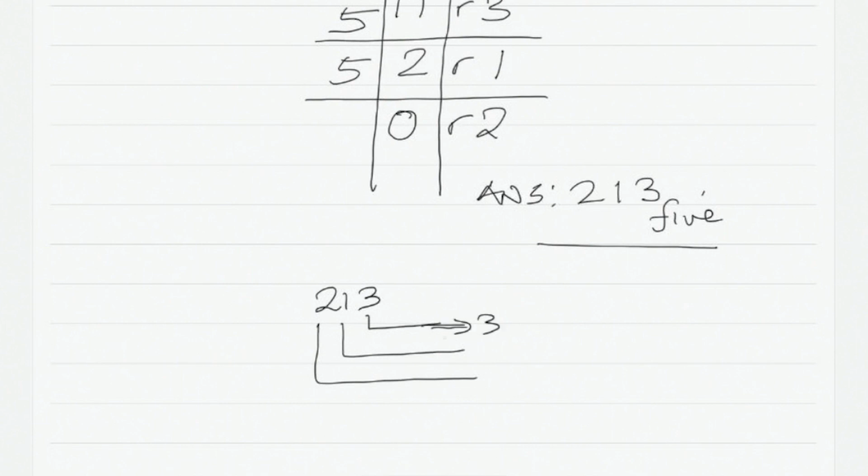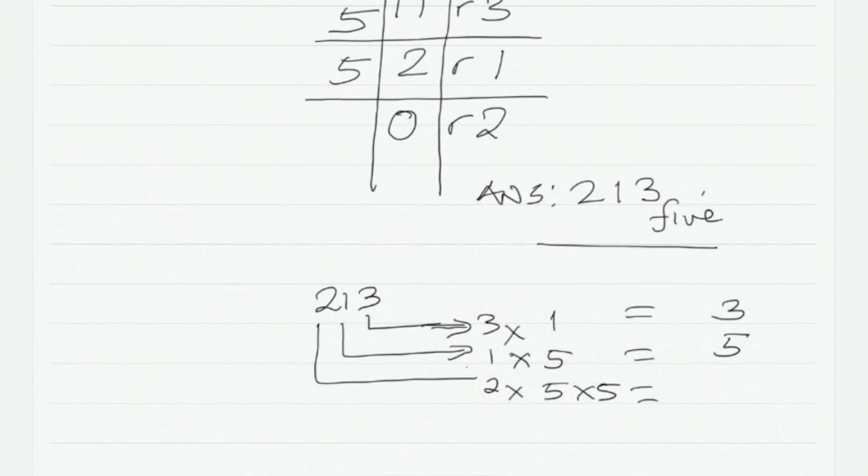That is 3, 1, and 2. There, you multiply 1 times 1, 1 times 3, 1 times 5, and 2 times 5 times what? 5. 3 times 1, that is 3. 1 times 5, that is 5. 5 times 5, that is 25.